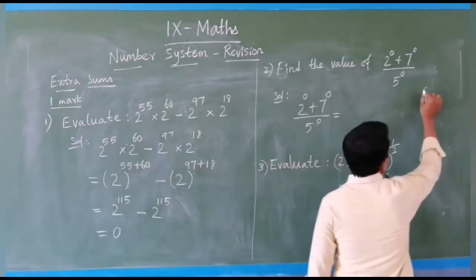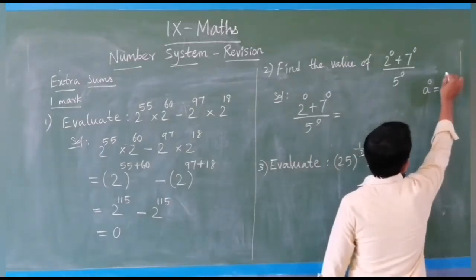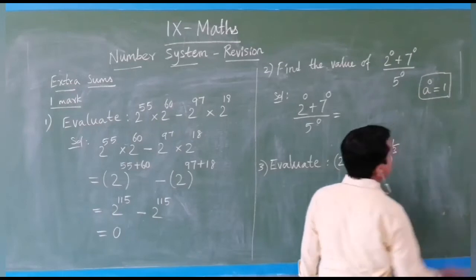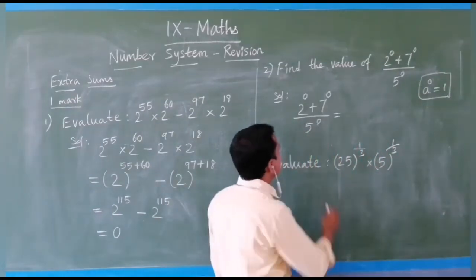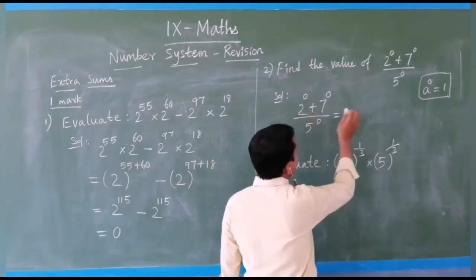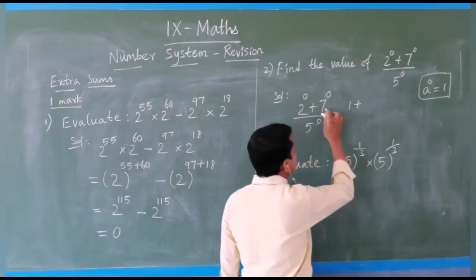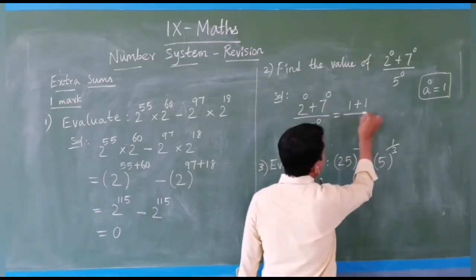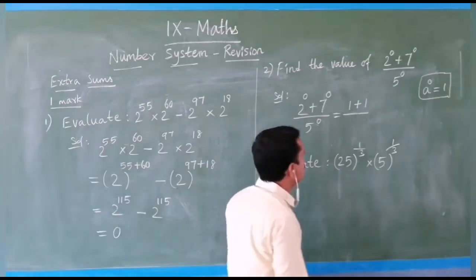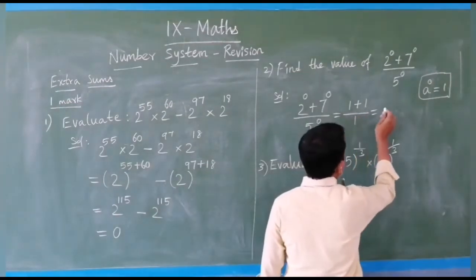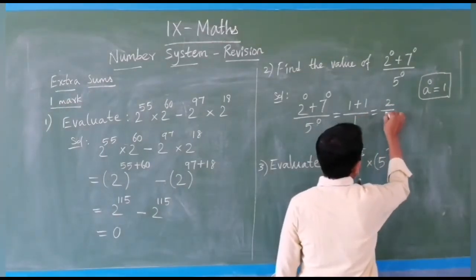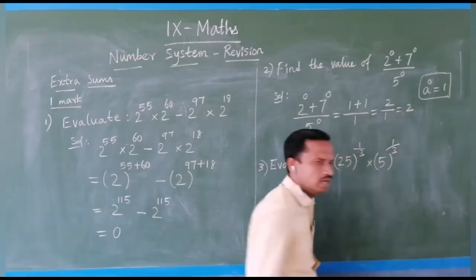So just apply it here. 2 power 0 is 1, plus 7 power 0 is also 1, by 5 power 0 is also 1. So the numerator becomes 1 plus 1, that is 2, by 1, so 2 is the answer.